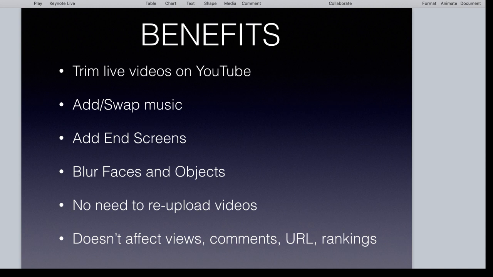And you can also add an end screen. So say on a live stream, you're not usually adding an end screen, but you can. You can add an end screen, and you can blur the faces and objects, so there's no need to re-upload the videos. It doesn't affect the comments, the views, the URL, and the rankings.